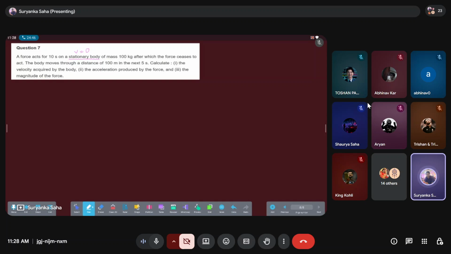So this is mass m, given. After which the force ceases to act. Ceases to act means force stops acting. So always remember one thing: ceases means stops. When the force stops acting, will the body stop?